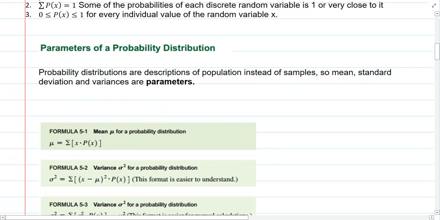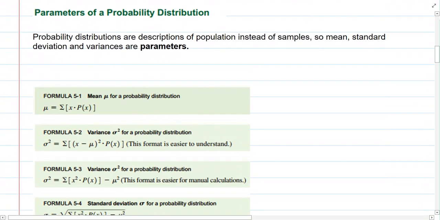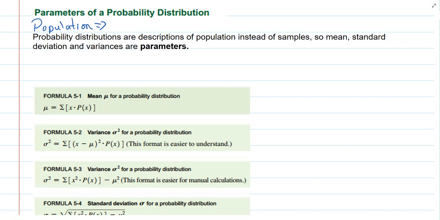So then we come into parameters, and those are extents. Now, when we talk about parameters, we're talking about population. So in these probabilities, we're talking about all considerations under whatever we're studying. And so that's why we're using parameters. And that means that we'll have things like mu, which is the mean for a population.